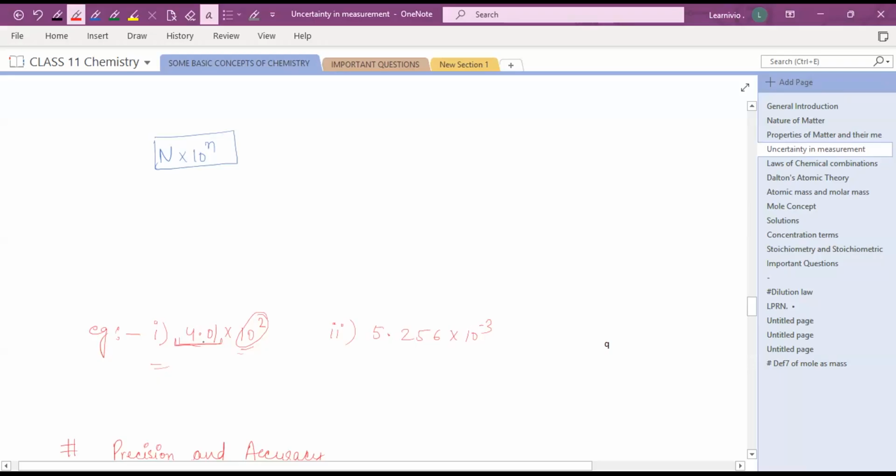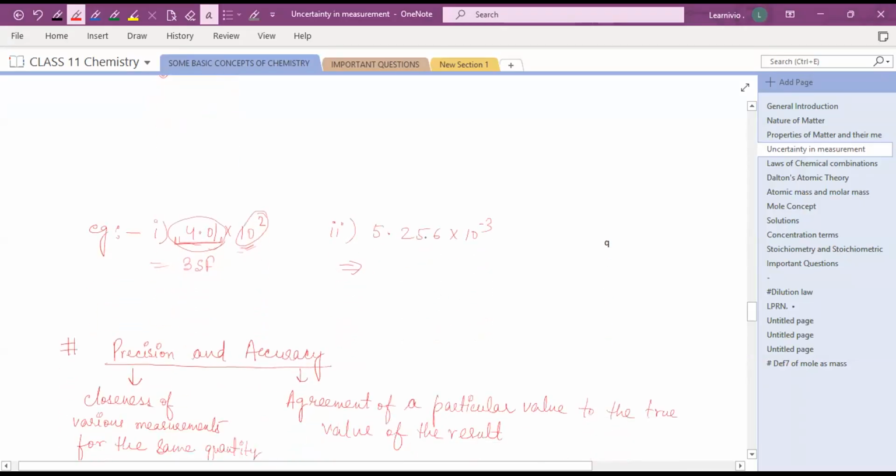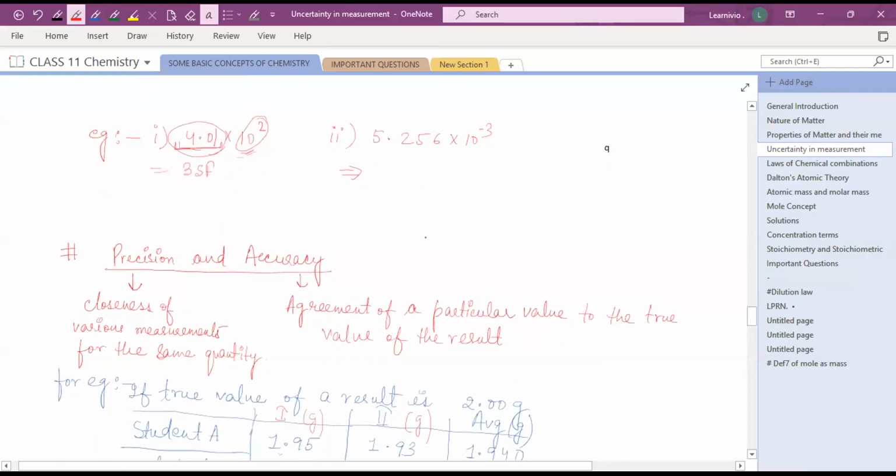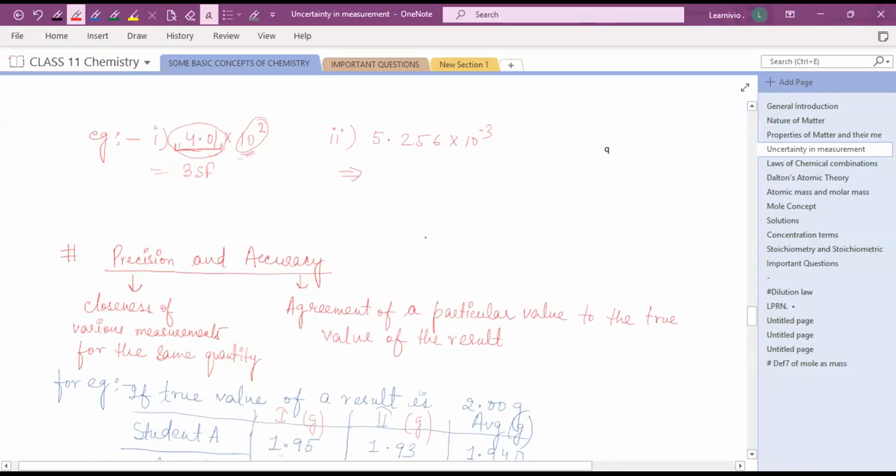So it's 4, 0, and 1. So three significant figures. You will not consider the exponent form; you will consider this number, this digit part, not this one. Now just tell me in this question, how many significant figures are there? 5.256.